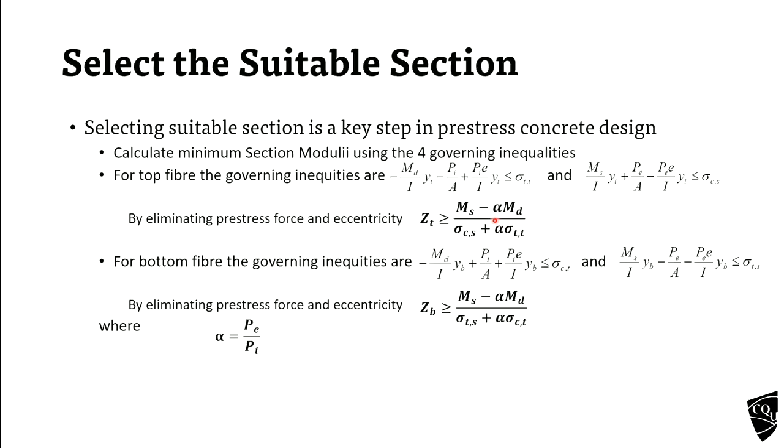Okay, so what we can do is we assume a section, or we assume a depth. Then we check with this one, whether our assumed section satisfies these two conditions.